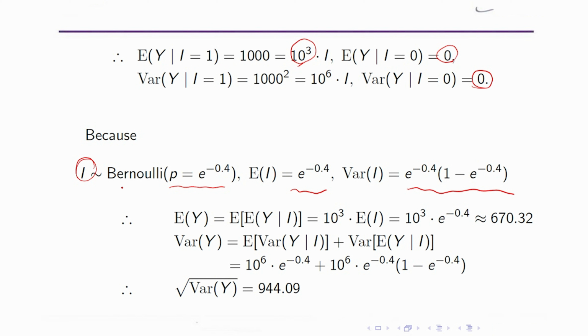So the expectation of I is p, and the variance of I is p times 1 minus p, right? Recall that for the Bernoulli distribution with parameter p, the expectation is p, and the variance is p times 1 minus p. And why does the random variable I have Bernoulli parameter e to the minus 0.4?